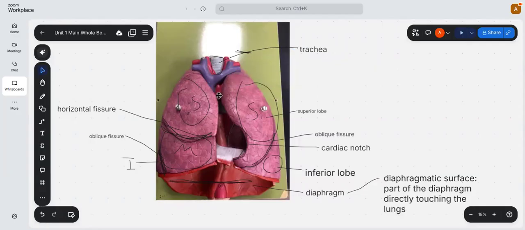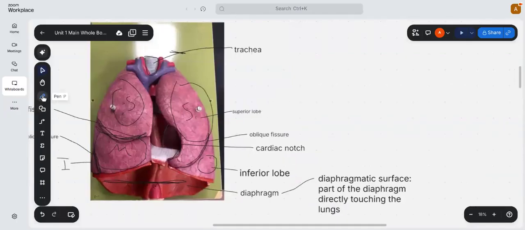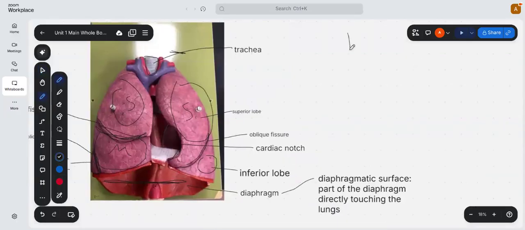So from the trachea, you're going to have two branches, and I like to draw a little demonstration here on the side, like this. Almost looks like the beginnings of a peace sign. If I were to draw a circle over this, it would look like a peace sign.